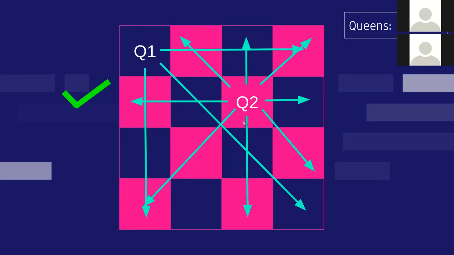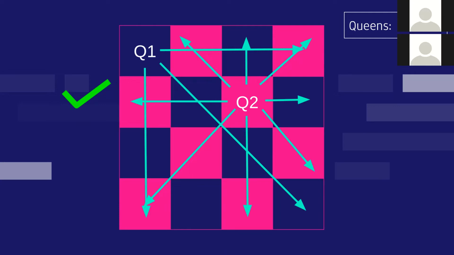As you can see, queens, like I said again, if you don't know chess, attack their diagonals as well as the row and column that they are in. So q2 attacks this diagonal and this diagonal, and q1 attacks this diagonal, and this is a safe place for both of them.